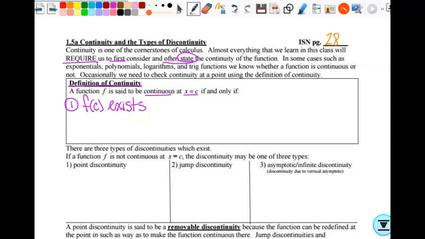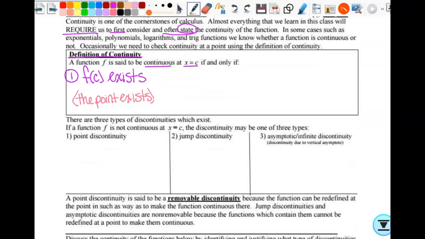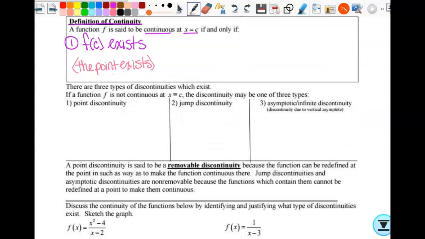What that means is that the point exists, so no holes. The second part is that the limit as x approaches c of f of x exists.